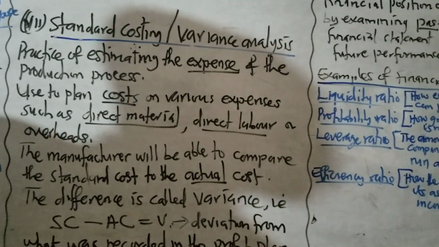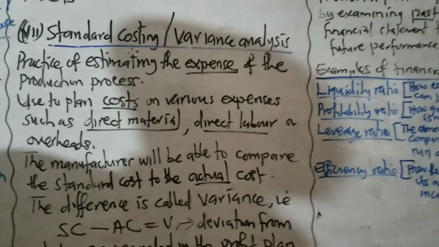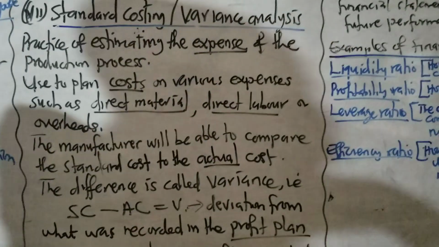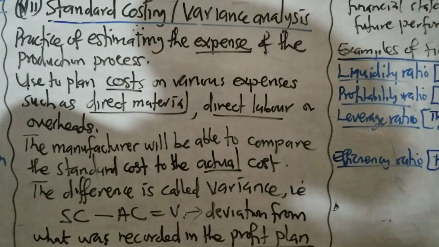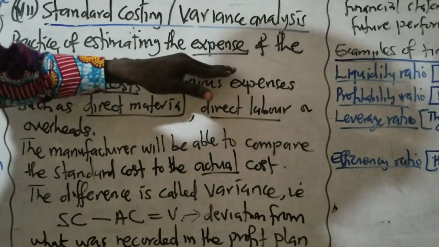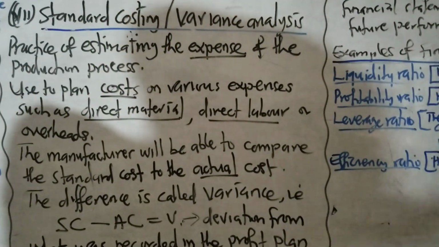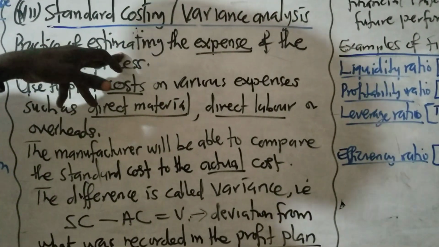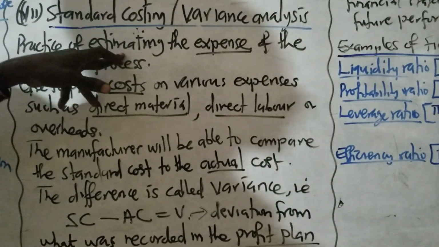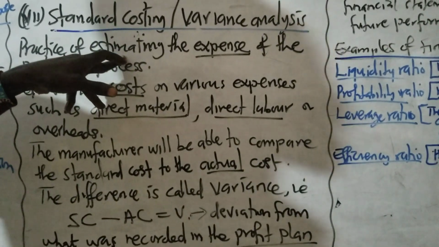And I've given you what goes into it: direct labor, direct materials, and any other overheads will go into it. So how much are you going to spend on various items? So you estimate that. It's an estimate, so that is not the actual.